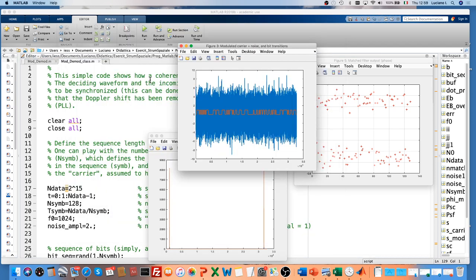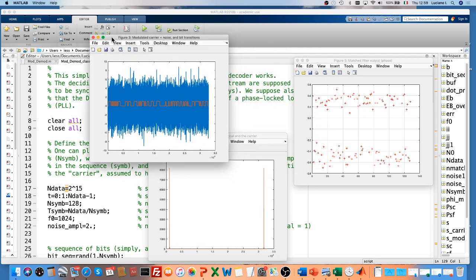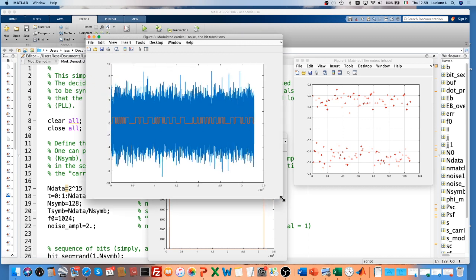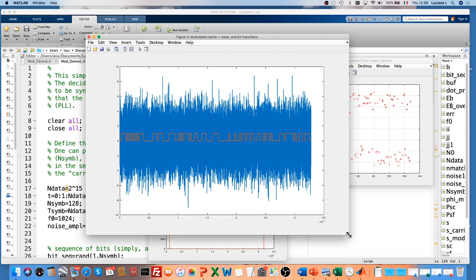So let me close it. And here you see the same thing, the modulated carrier plus noise with all the bits. And again, let us magnify to see whether by eye we can see some bit transitions.